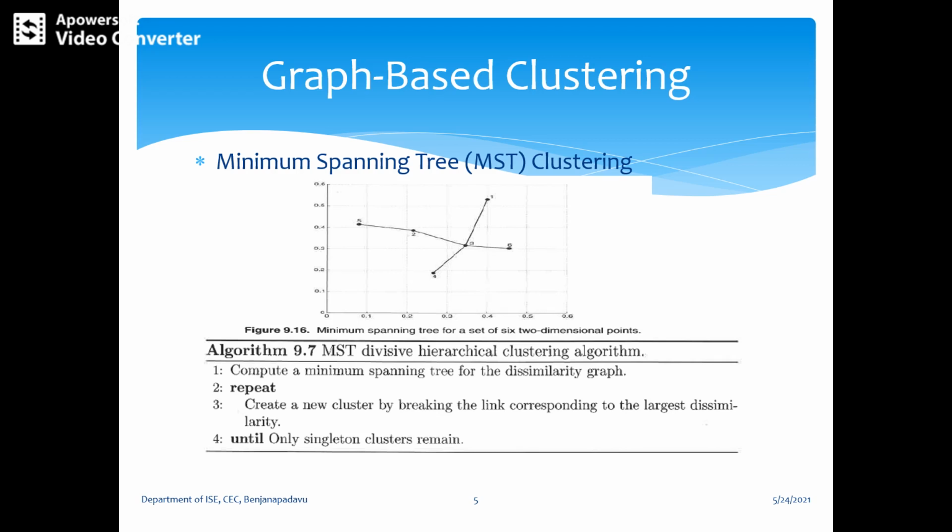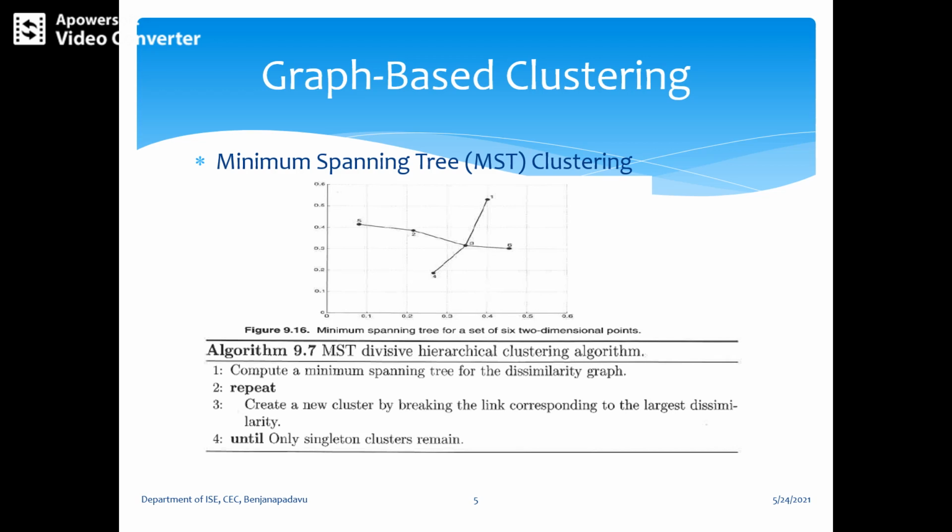Now we are going to discuss, in graph-based clustering, one of the eminent and efficient approaches, the hierarchical clustering algorithm minimum spanning tree, or MST clustering. Here is the minimum spanning tree for a set of 6 two-dimensional points, shown diagrammatically with x and y coordinates.